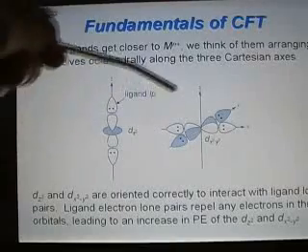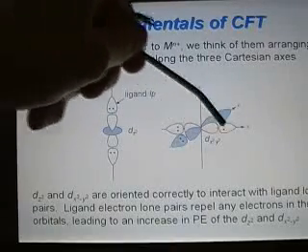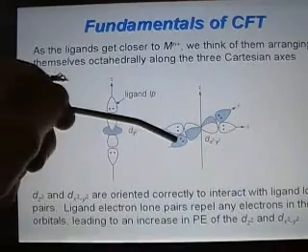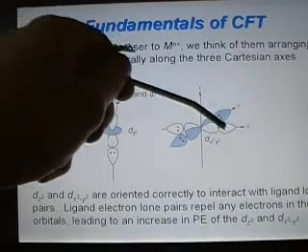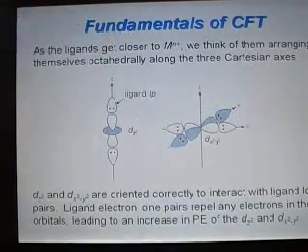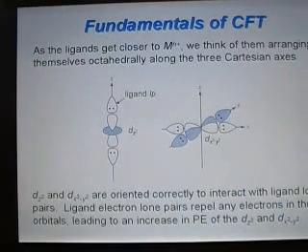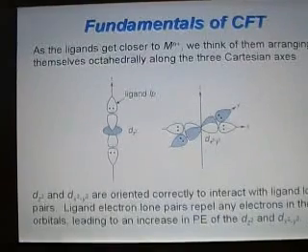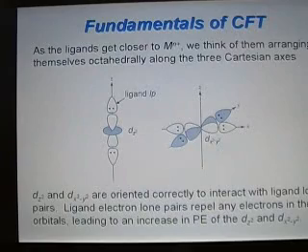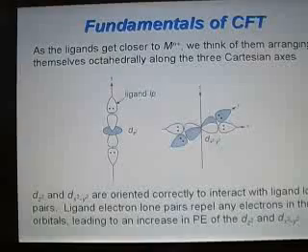We're also going to assume that the other 4 ligands, shown here by these lobes, which are the lone pairs on the ligands, are going to come in and interact with the dx squared minus y squared orbital. Remember, the dx squared minus y squared orbital lies along the x and y axes.